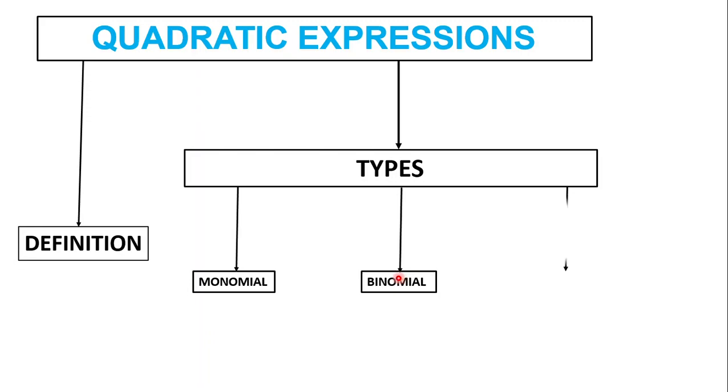And lastly, we are going to look at a type of quadratic expressions which is called trinomials, or trinomial quadratic expressions. So we are going to look at each of these types of quadratic expressions and examples of each type of quadratic expressions.